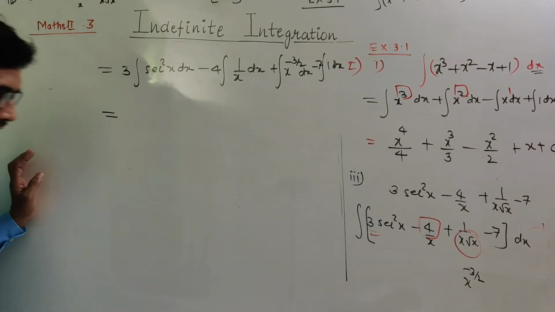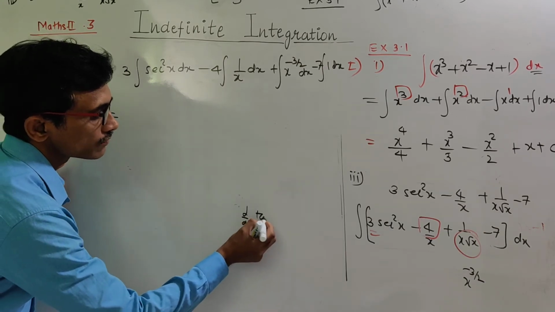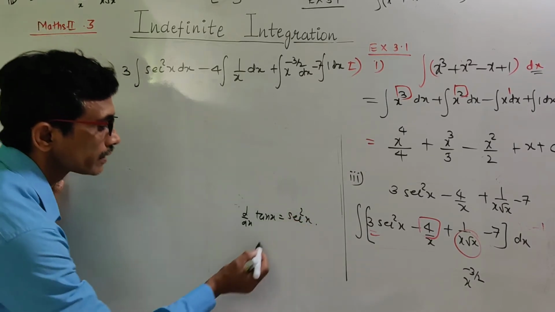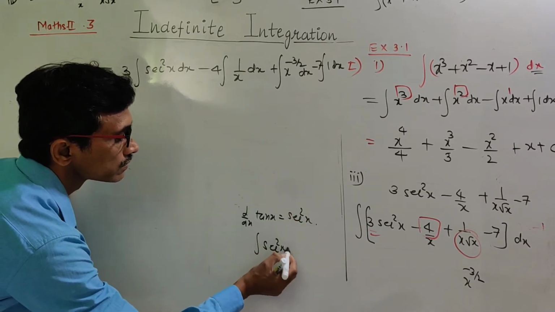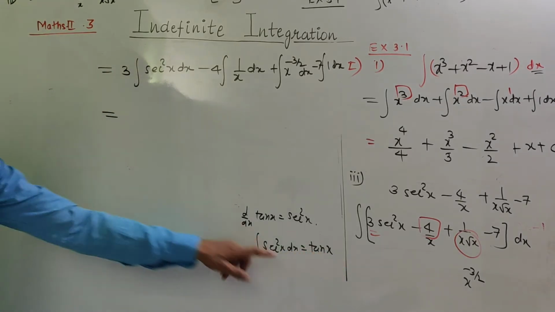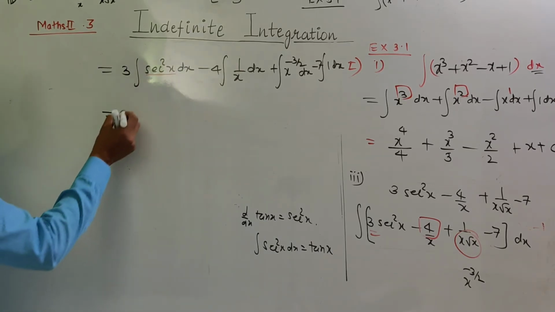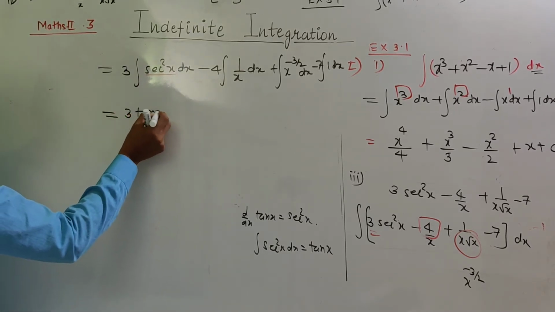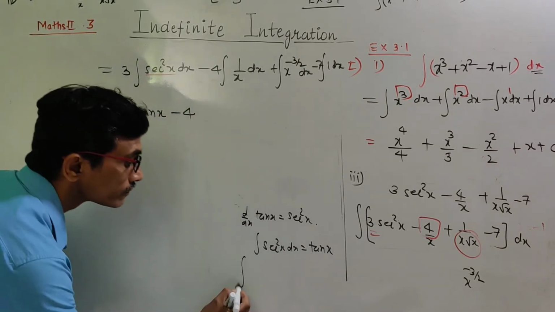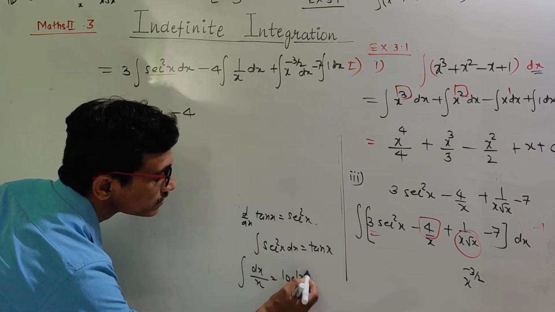Now we said here derivative of tan x is equal to sec square x. Formula: integration of sec square x dx will be equal to tan of x. So this formula we use here, integration of sec square x is tan x, so 3 tan x minus 4, integration of dx upon x is equal to log of x.